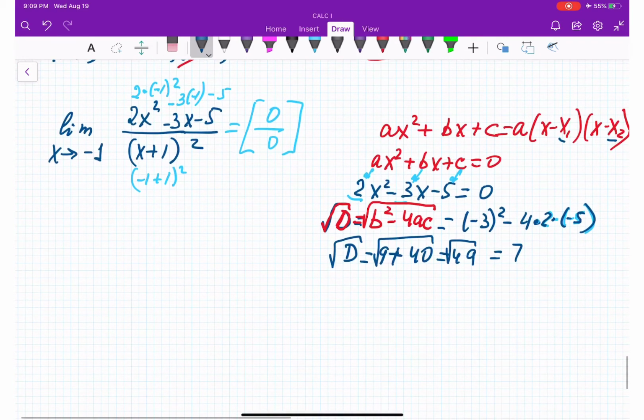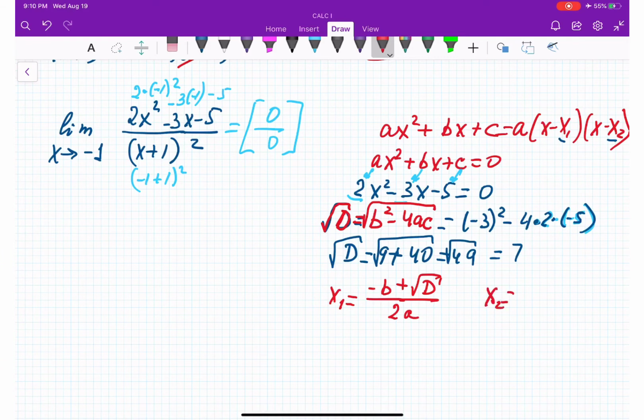Okay, from there, my x1 is equal to negative b plus square root of discriminant over 2a, and x2 is equal to negative b minus square root of discriminant over 2a.